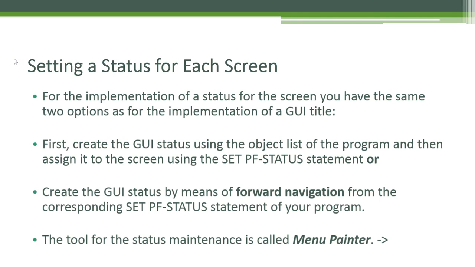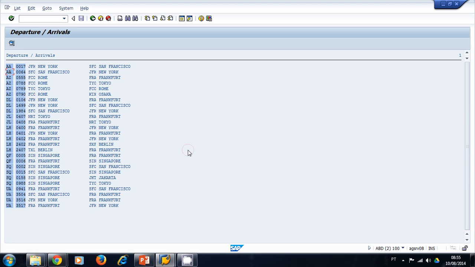So let's create a GUI status using the Menu Painter inside SAP. So back in our program, let's create and assign a GUI status to our program.